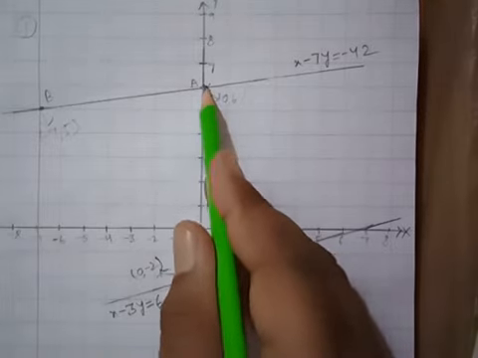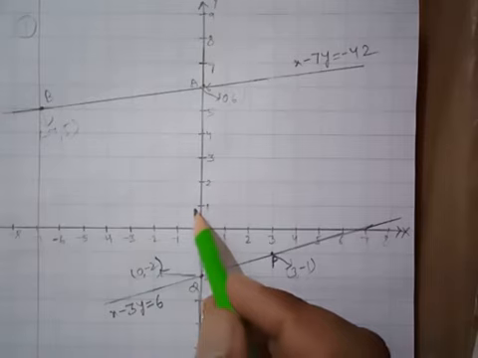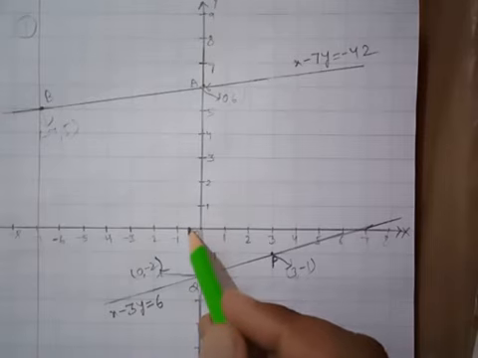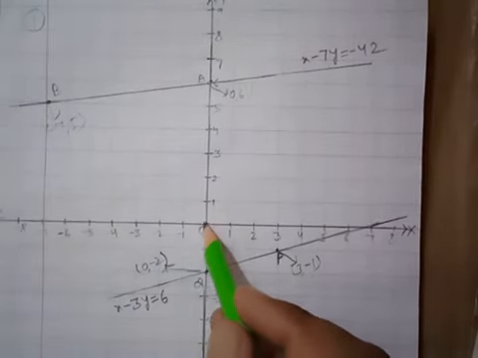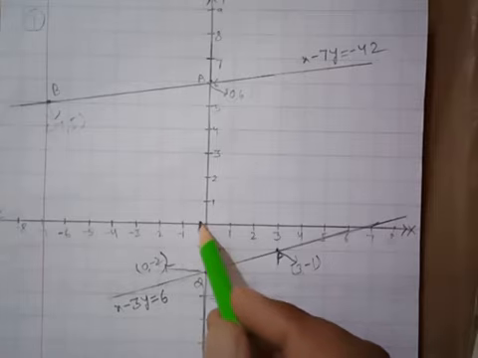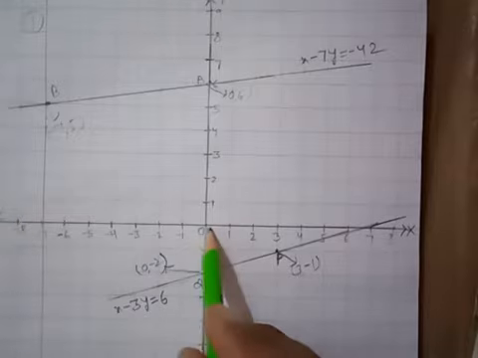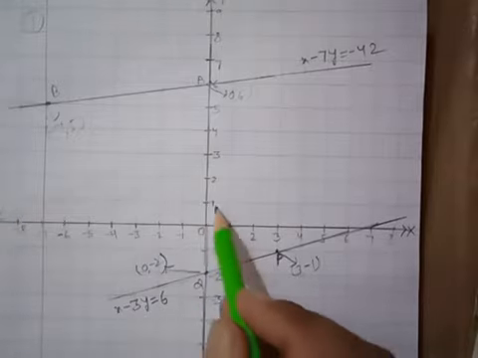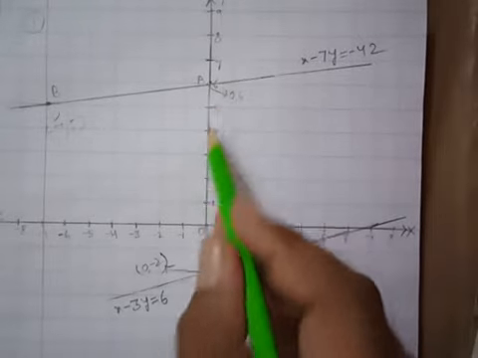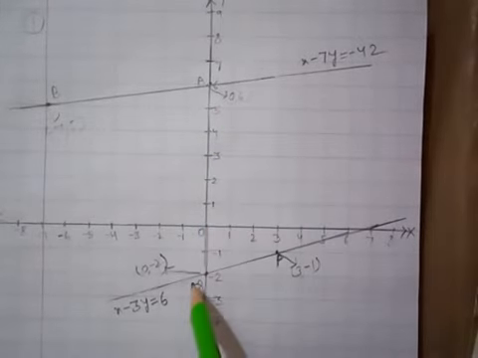The B point is minus 7 comma 5. This is the negative direction of the x-axis, this is the positive direction of the x-axis, this is the positive direction of the y-axis, and this is the downward negative direction of the y-axis.